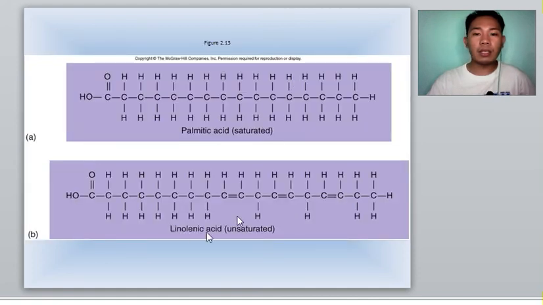This illustration gives us an idea regarding the structure of saturated and unsaturated fatty acids or lipids. An example of a saturated fatty acid is palmitic acid, and an unsaturated one is linoleic acid.